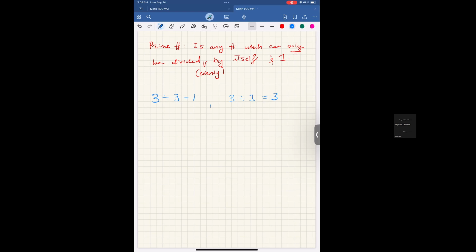Another way of defining a prime number is you say that it is a number which is composed only of trivial factors. So any number which only possesses trivial factors is prime.